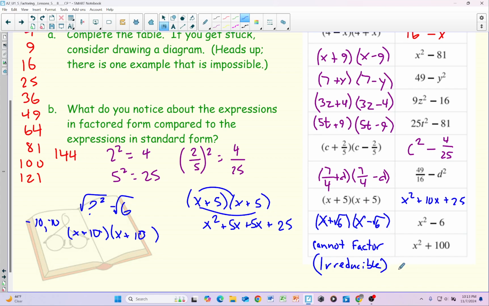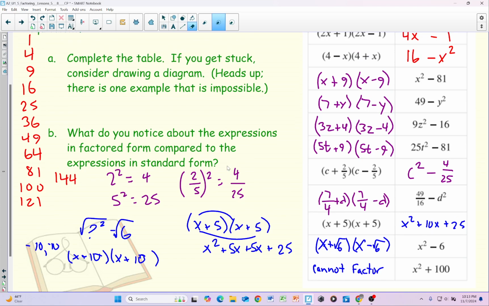The problem, though, is there are other ways that we can deal with this expression. So I would rather just simply say that we cannot factor it, at least using the tools that we currently know. All right. So that's really kind of a breakdown of the difference of squares method.